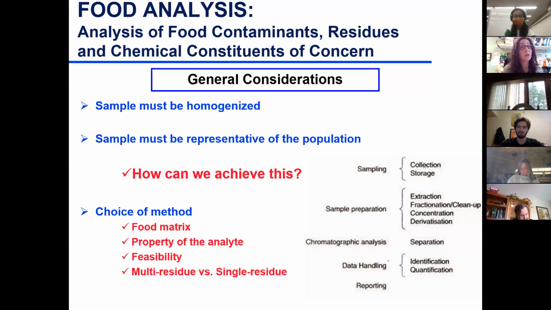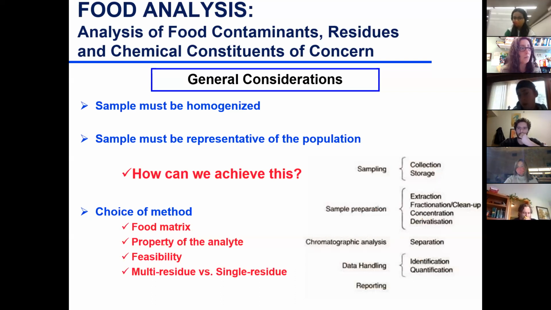So after separation, we have the identification and quantification. Sometimes you just want to get a qualitative answer, whether they're present or not. Sometimes you want to quantitate, and then you report. So the choice of the extraction and the choice of the separation depends on what we know about the sample. So the food matrix, how complex is the food matrix?